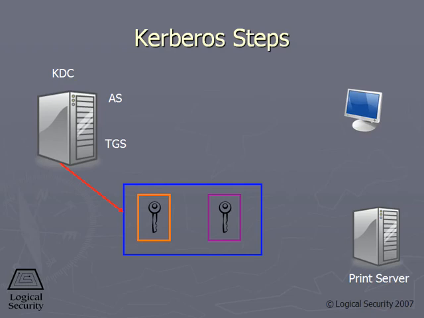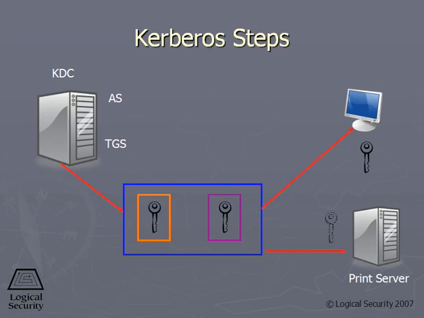So this ticket will come to me. I will use my secret key to decrypt and extract that session key. Remember that my secret key could be my password, and it's already cached. I've already typed in my password, so it's cached. So my secret key, my password, is used to decrypt and extract a session key.